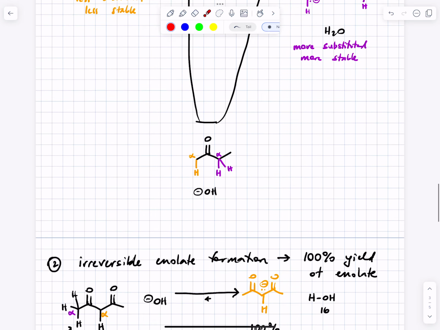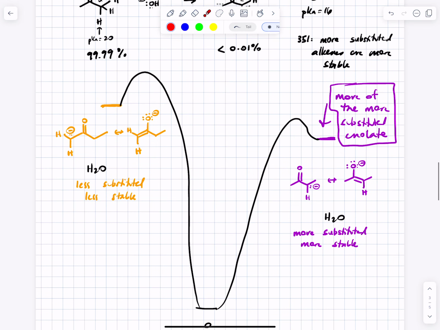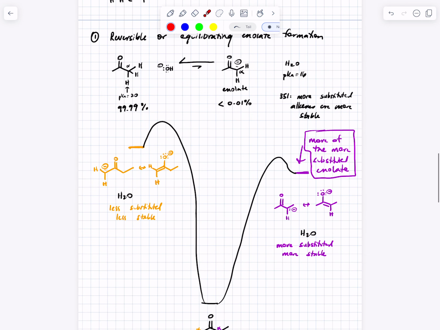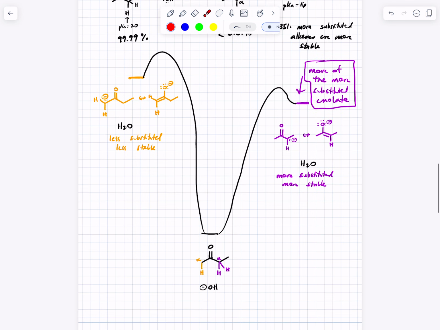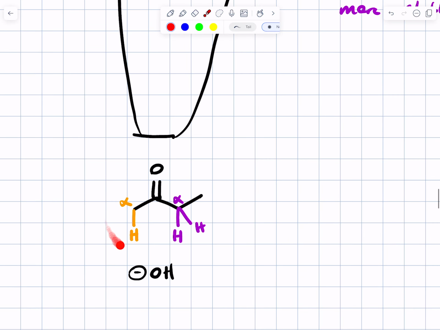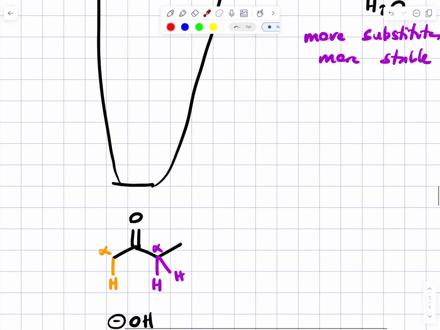There's a second issue for why you'd want to use LDA. And remember what we just talked about. When you make the enolate under reversible conditions, the reaction is selective for the more substituted enolate. There's a word we should introduce at this stage because you have a starting material that could react in a couple of places.